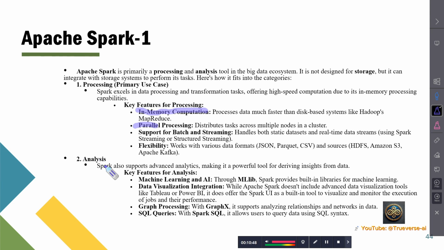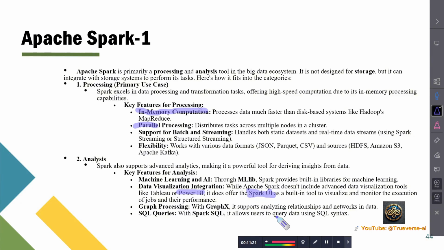Another part is Spark analytics, which supports advanced analytics for the processes already mentioned, like MLlib. For data visualization, it is similar. Power BI is very famous for data visualization, and we can use this capability of Spark, especially the Spark UI.